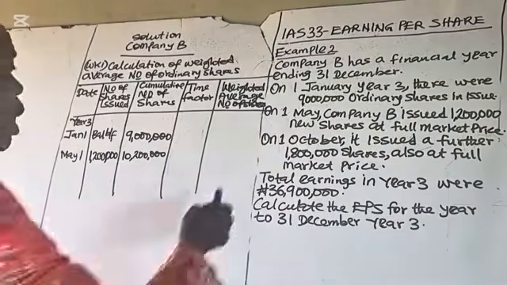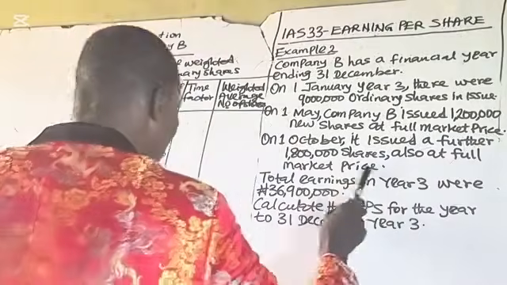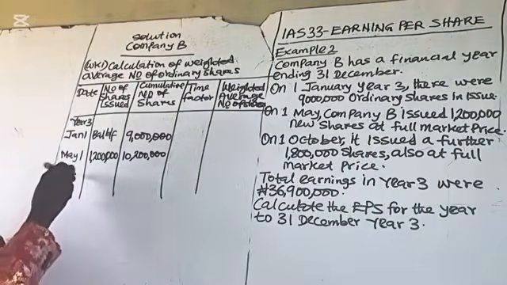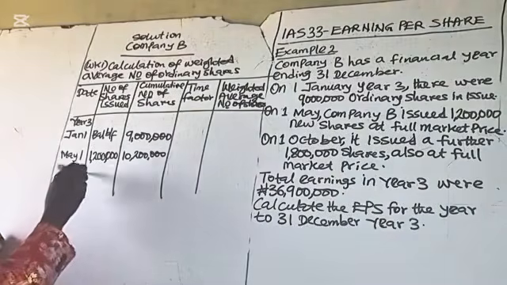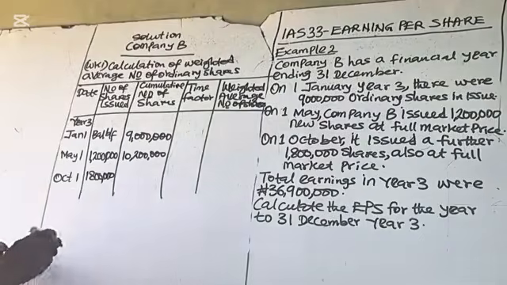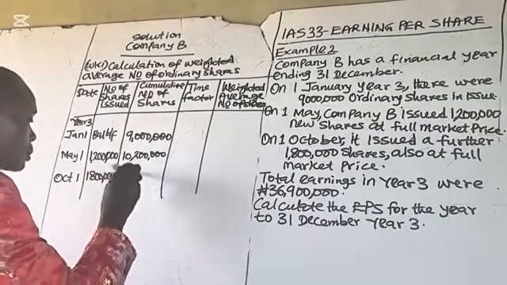Then on October 1st, it issued a further 1.8 million shares, also at full market price. October 1st, it issued another 1.8 million shares. The cumulative number of shares becomes 12 million.